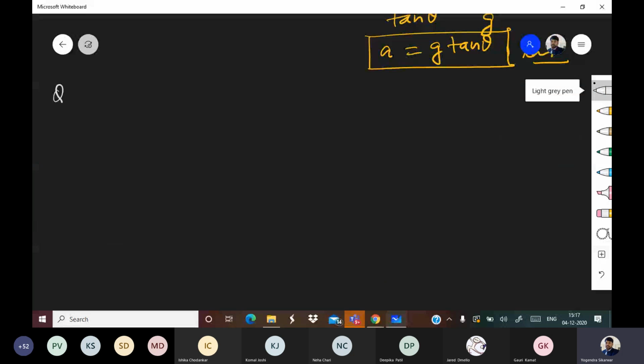Now, this question is basically a mix of the two things which we have studied. This angle is theta. This is a block.